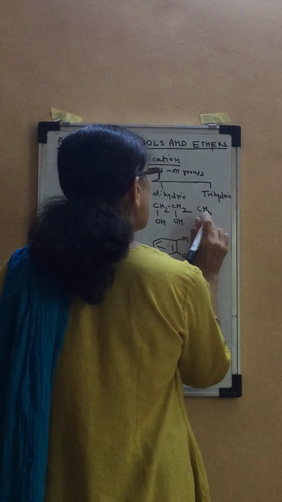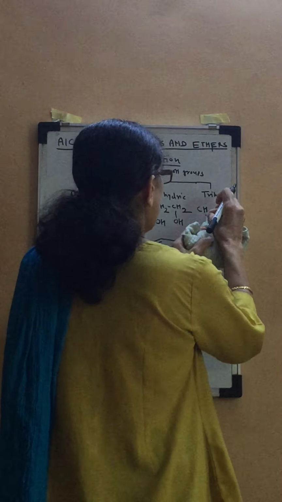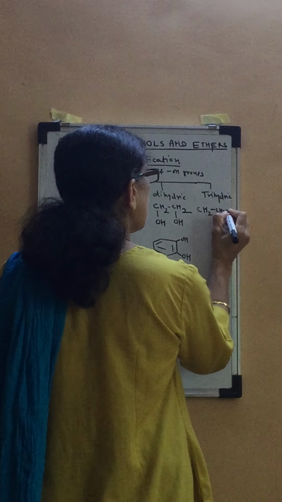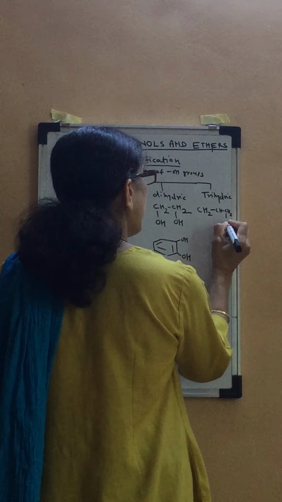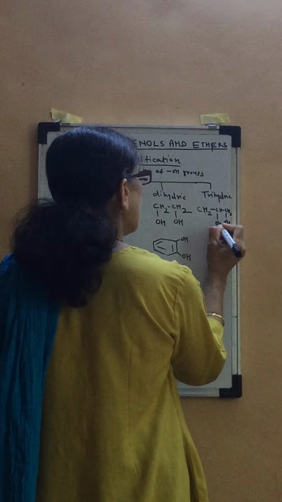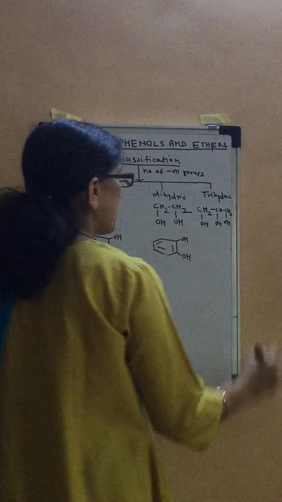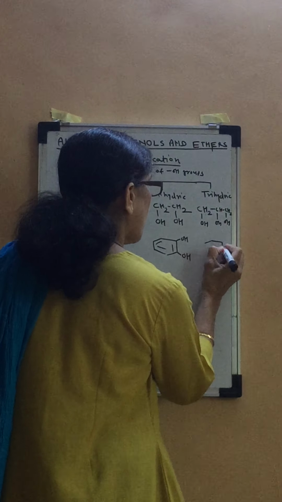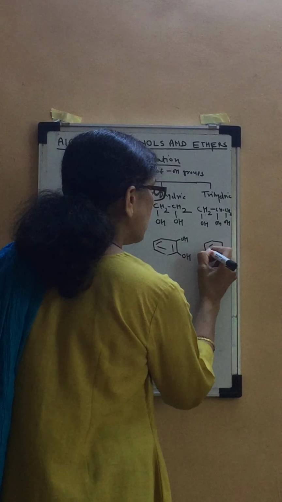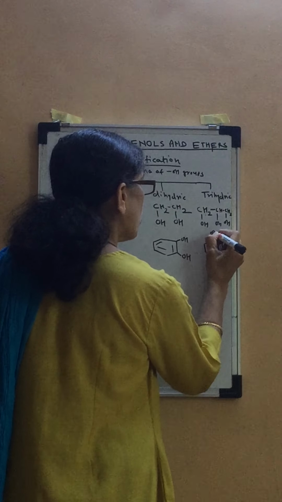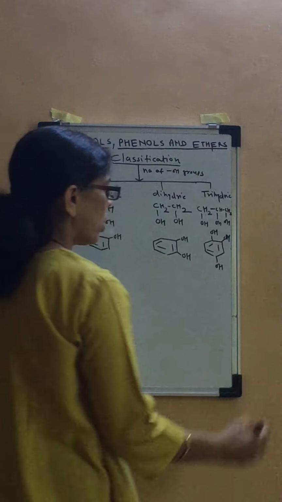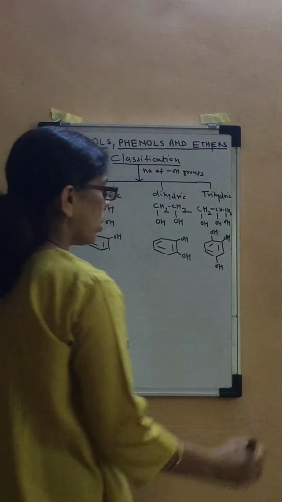CH3 will become CH2, CH, CH2, with OH, OH, OH. Trihydroxy alcohol, glycerol. And we can have trihydroxy phenol also. We can replace any three hydrogen atoms of benzene by OH groups, and that becomes trihydroxy phenol.